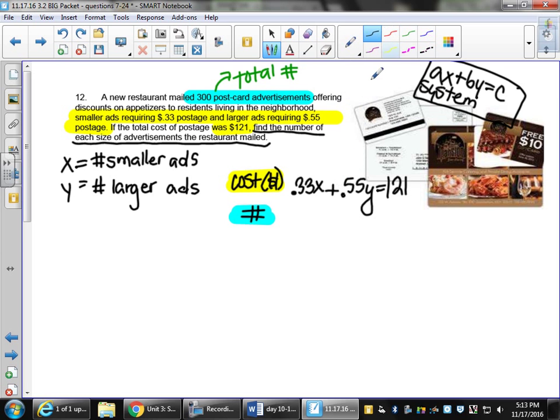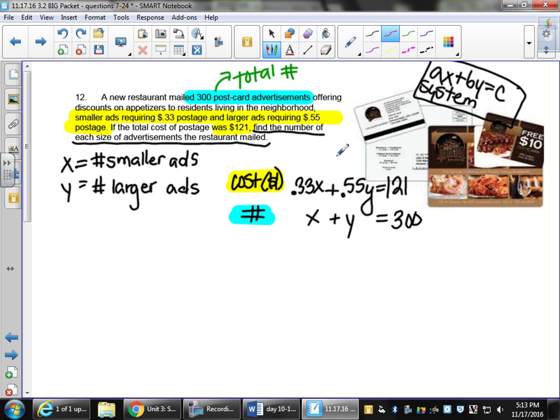Which means I have the number of smaller ads plus the number of larger ads equals a total number of 300. No possibility of avoiding decimals here because this is 0.33, this is 0.55. So make a choice. Do you want x's to cancel or y's to cancel? From here, I hope we are good to go to finish, and then we can compare answers, so pause it.